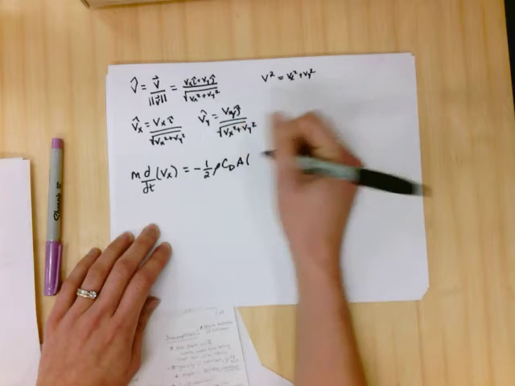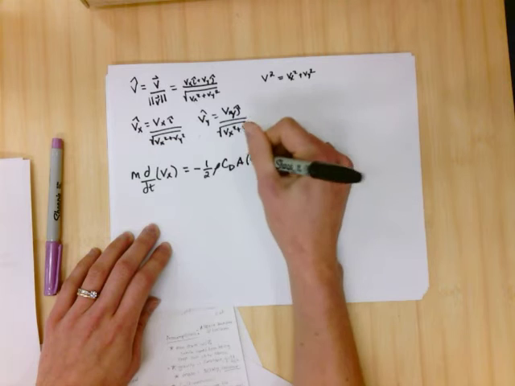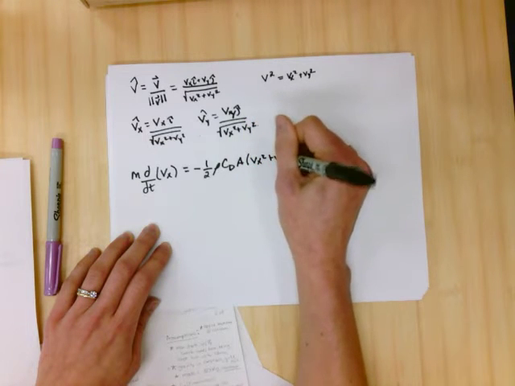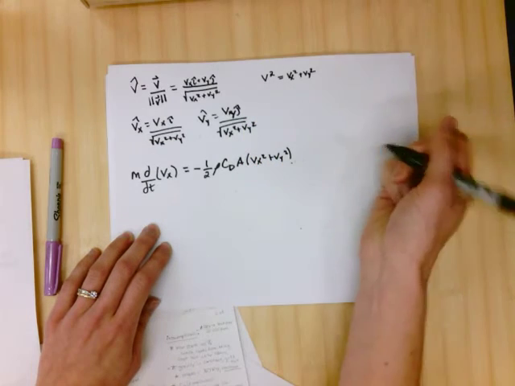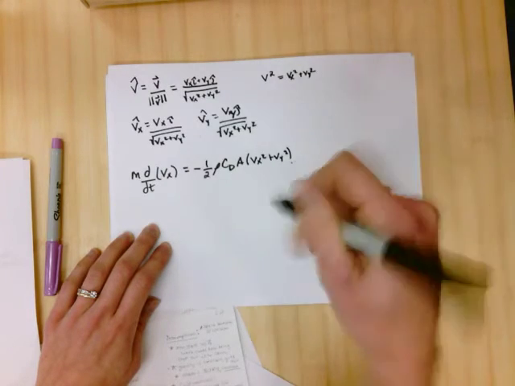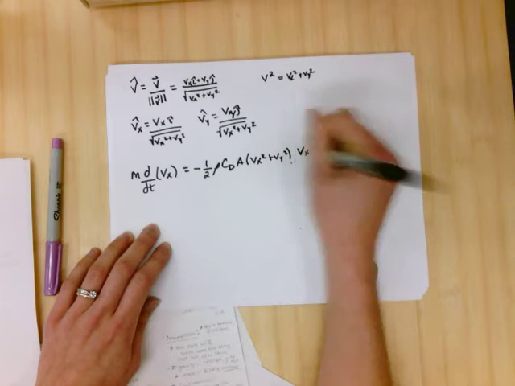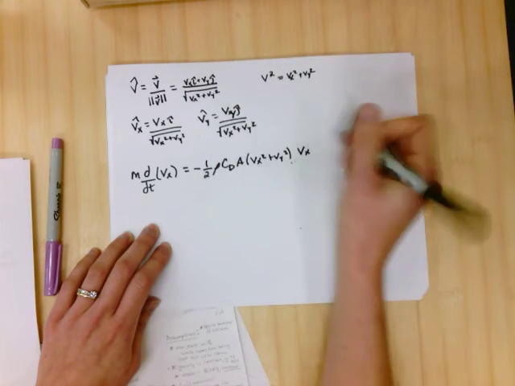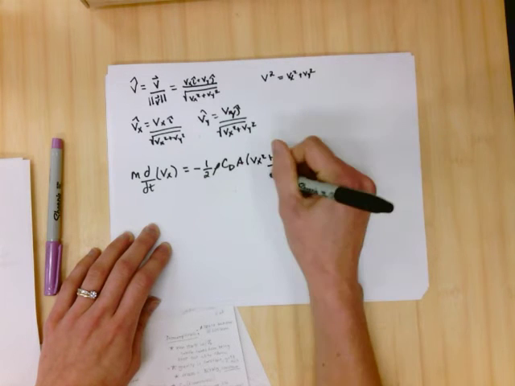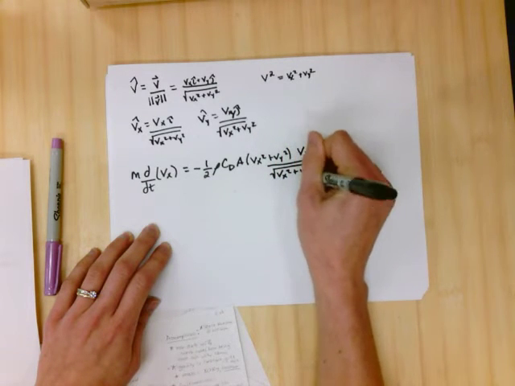Going back to what we just defined, v squared is vx squared plus vy squared. And now we're adding in that vx hat component, which looks like just vx, divided by the square root of vx squared plus vy squared.